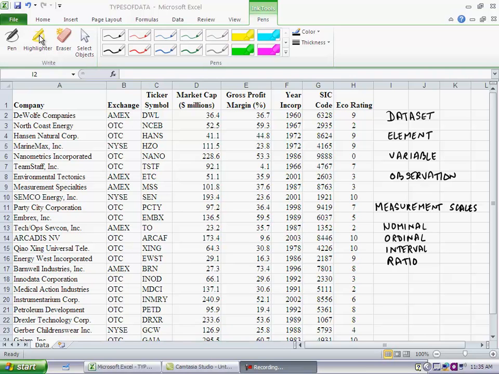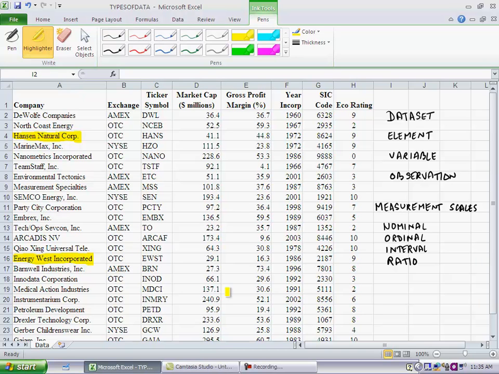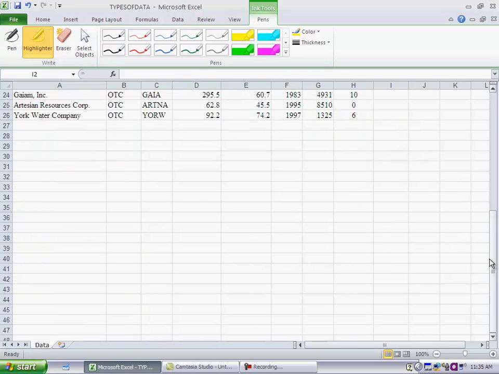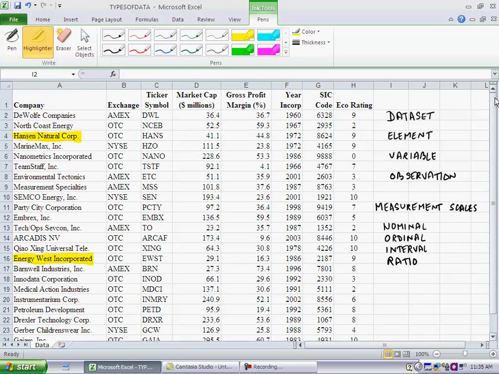In our case, each company is an element. So Hansen Natural Corporation would be an element, and Energy West Incorporated would be an element. In this spreadsheet, we have about 25 elements.